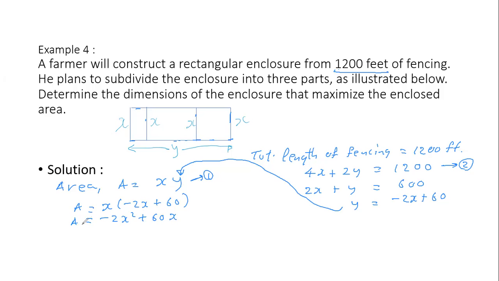Now see, this area function is given by a quadratic equation. A is the area function. You see its coefficient of x square is negative. When the coefficient of x square is negative, which way is it opening? It opens downwards. That means it has a maximum value.